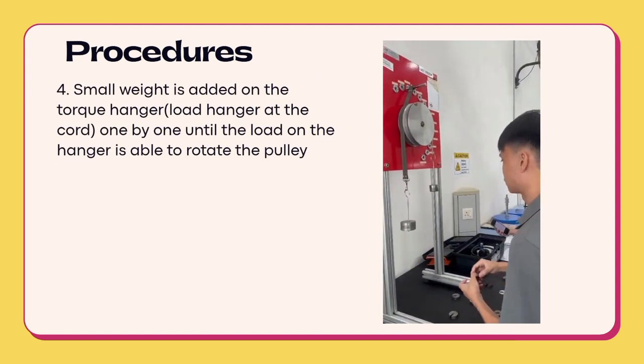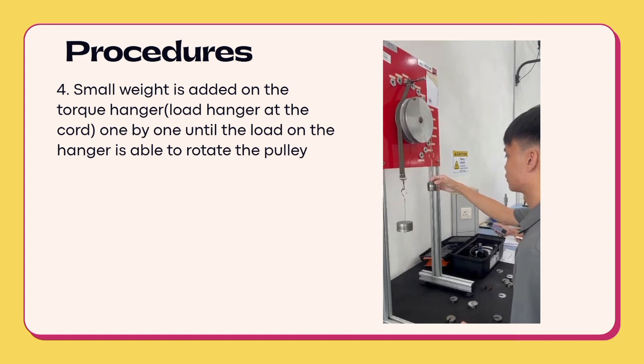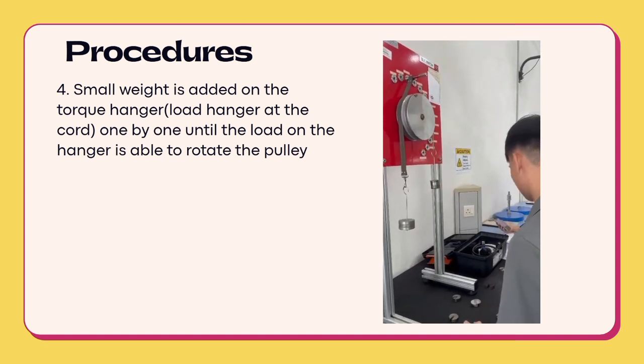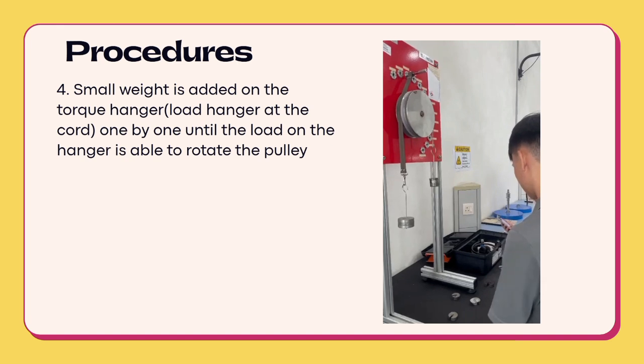Step number 4, small weights are added on the torque hanger, which is the load hanger at the cord, one by one until the load on the hanger is able to rotate the pulley.